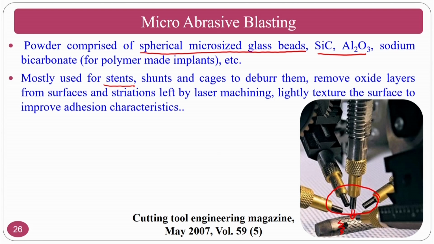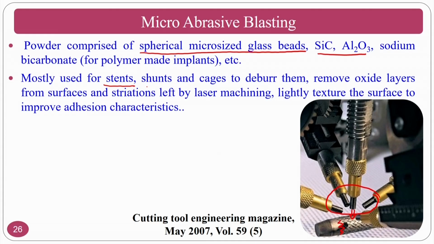Normally metallic stents are fabricated by micro mechanical machining, micro laser machining, EDM and other processes. So there may be some layers they want to remove, or some deburring has to be done on that surface. For that purpose, this microblasting will be used. So the deburring of these stents and cages will be done.